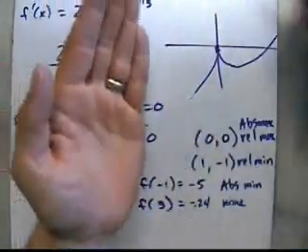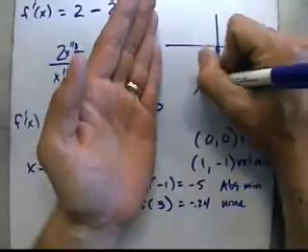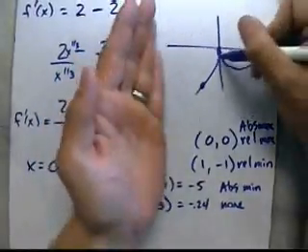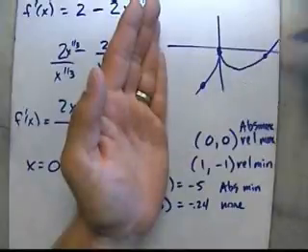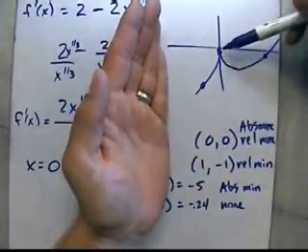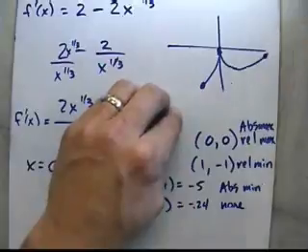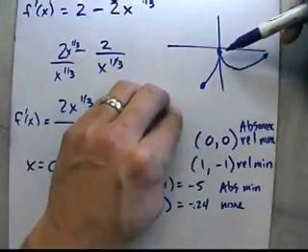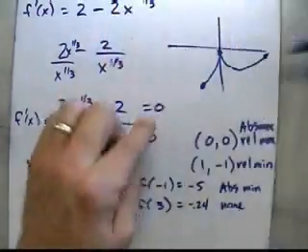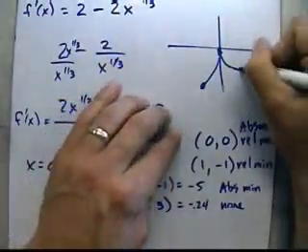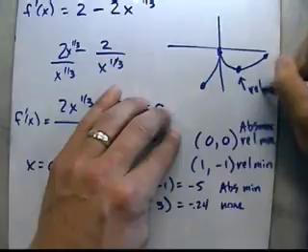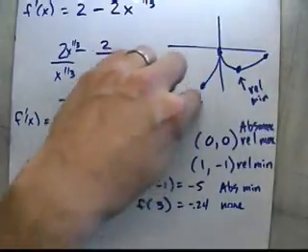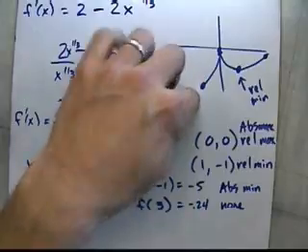On the interval -1 to 3, the -1 is down here and 3 is right here. Pretend those aren't here, this is still the highest value, so it's also an absolute maximum. Relative to this window, absolute to the entire interval. This point right here we call the relative minimum, but that's not the lowest the graph can go. That point is. So this right here was called the absolute minimum on the entire interval.